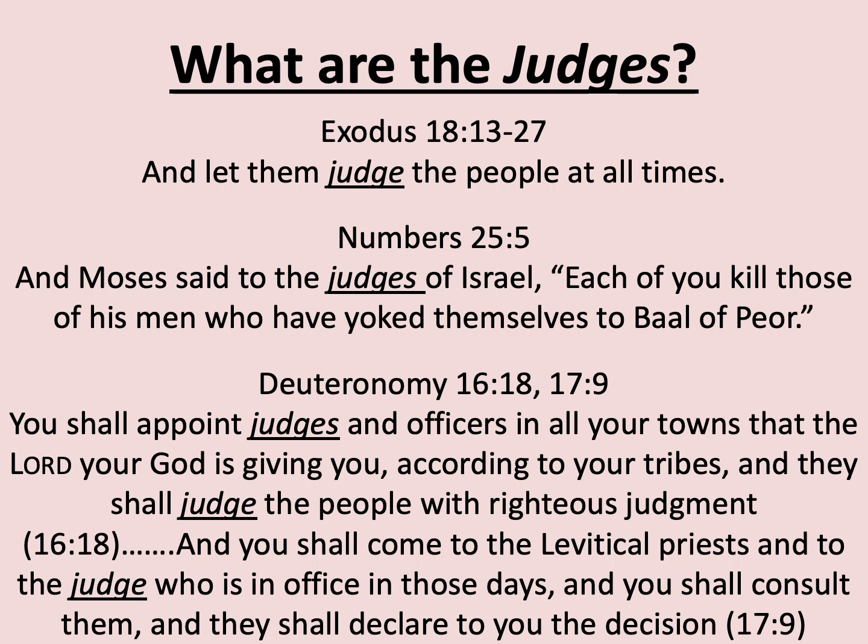In Numbers chapter 25, though, Moses gives almost a military function to the judges, or more specifically, an executioner role. Moses says to the judges of Israel, "Each of you kill those of his men who have yoked themselves to Baal of Peor." Balaam, you may remember, was supposed to curse the Israelites, fails miserably, and ends up blessing them. So he suggests to the king of Moab, the king of the Midianites, that instead of cursing them, he should actually lead them into idolatry, and God will curse the Israelites, which is what happens.